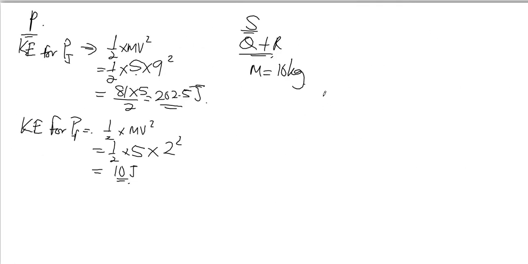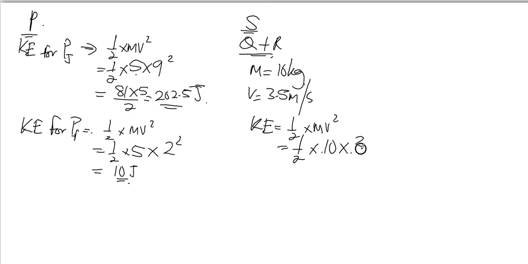So the v over here is 3.5 meters per second. To find the kinetic energy of this object, we use the same formula, half times m, which is 10, and the velocity this time is 3.5 squared.